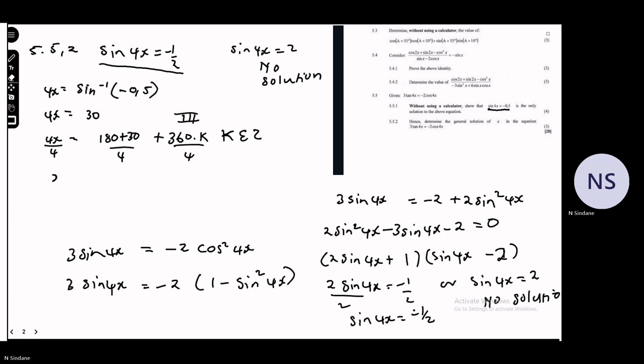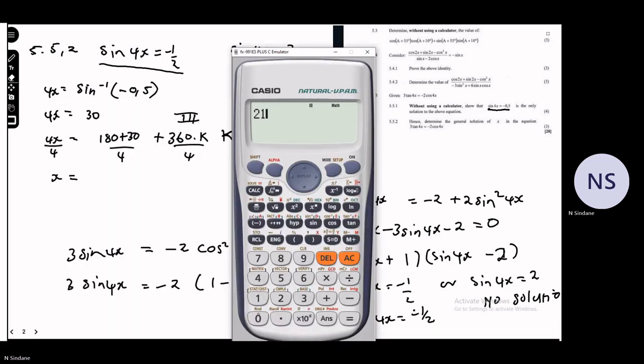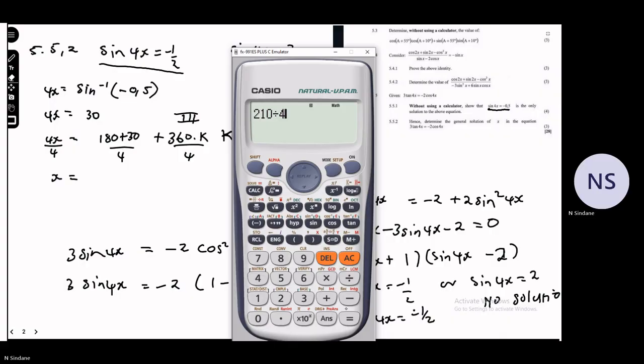Then what do I get? x is equal to 180 plus 30, this is 210. What is 210 divided by 4? I'm getting 52.5. And then what is 360 divided by 4? I'm getting 90. So this will be 52.5 plus 90 multiplied by k. That is my first solution.